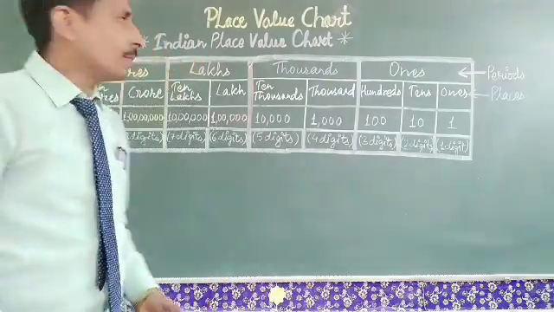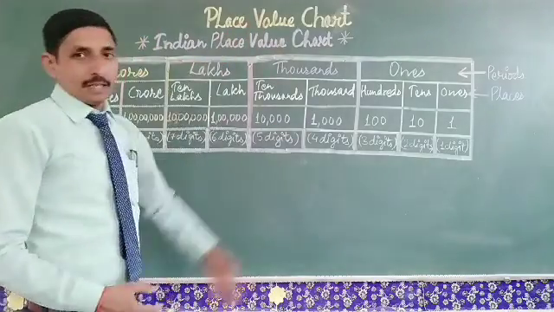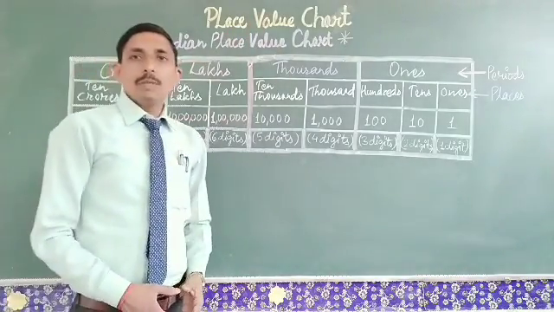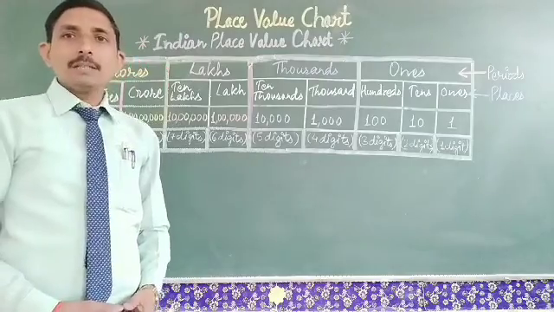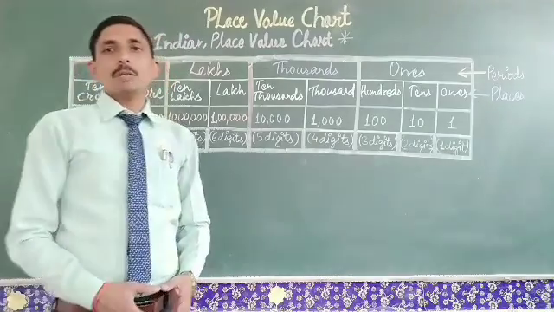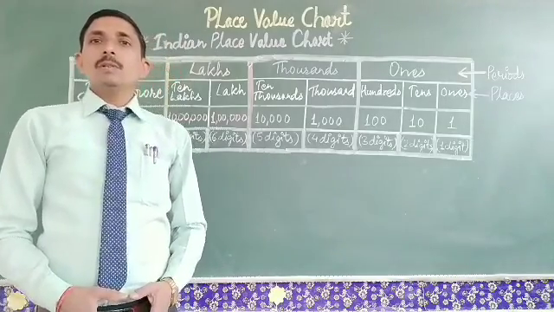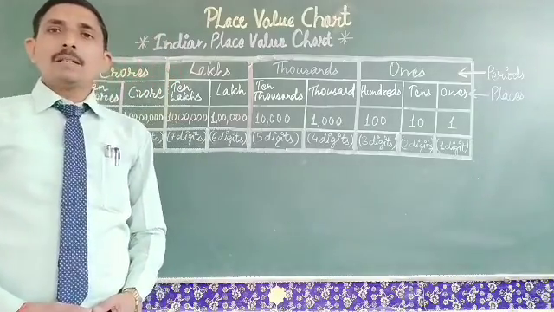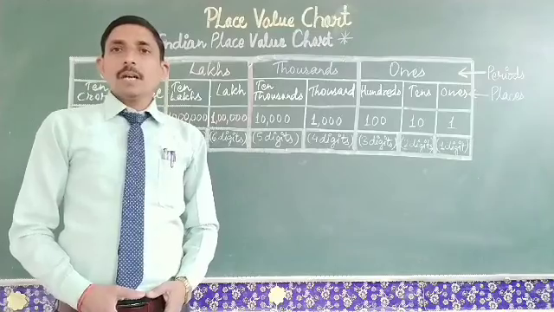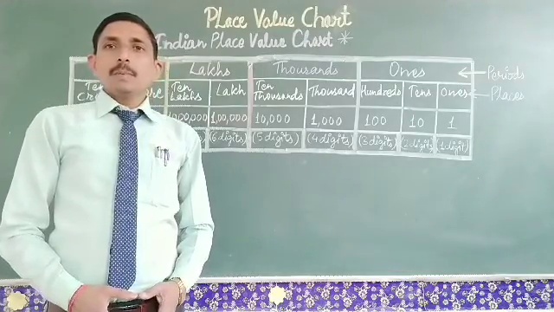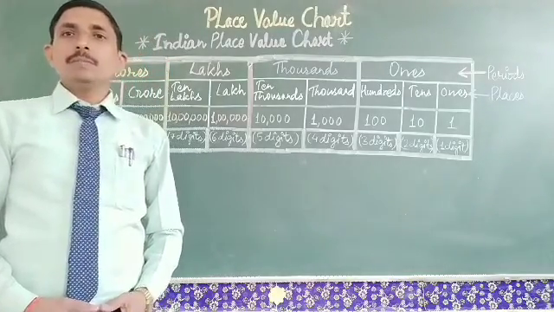So today's topic is the place value chart: how we can prepare it in both systems. First is the Indian place value system chart and another one is the international place value system chart.